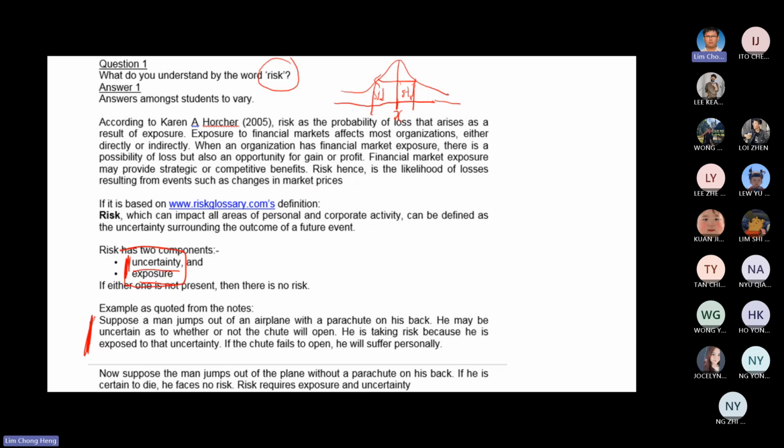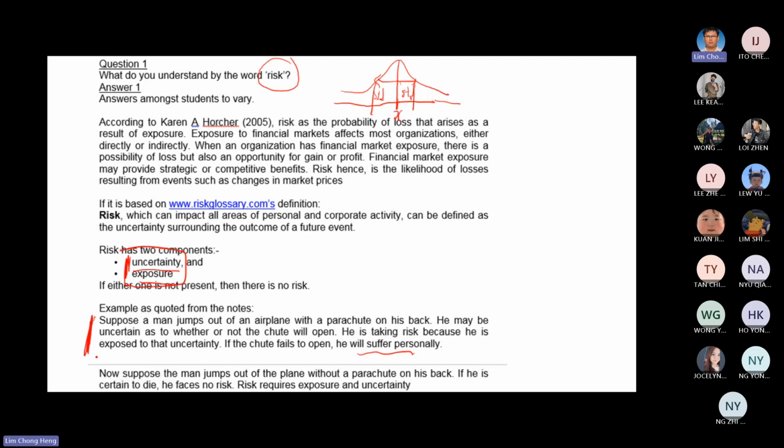So this man has the risk. If the parachute cannot function, this man will suffer. Just like yesterday's news, there was an extreme game where people jump from a very high building with a parachute, and one person was unable to open the parachute and suffered. So they have exposure and uncertainty.